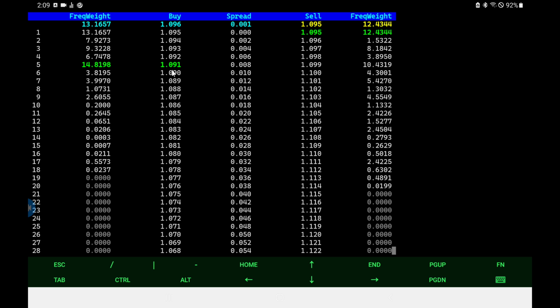That is, this is taking what the people want out of the order book and comparing it to what people have actually done in the market to give you an idea of where most people are buying right now at this moment. And right now, 1.091 is the most active buying price and also the most active support price.